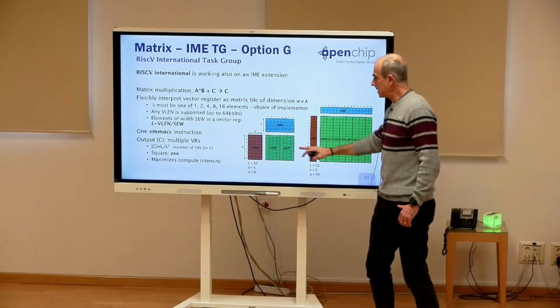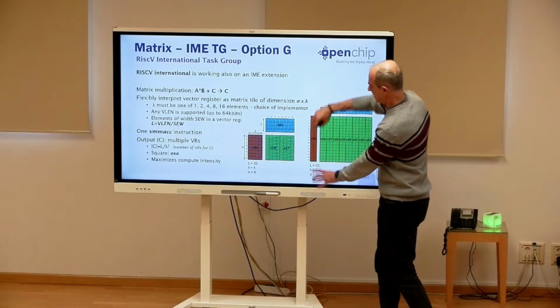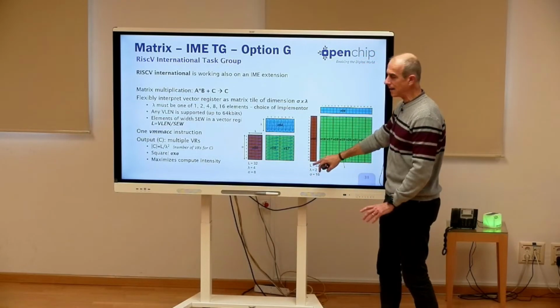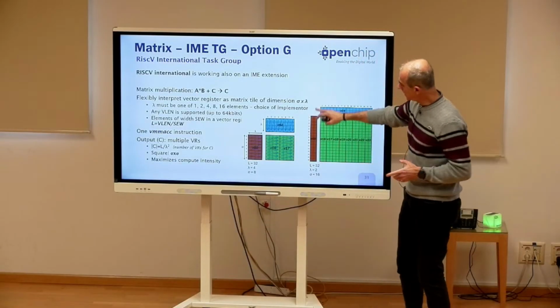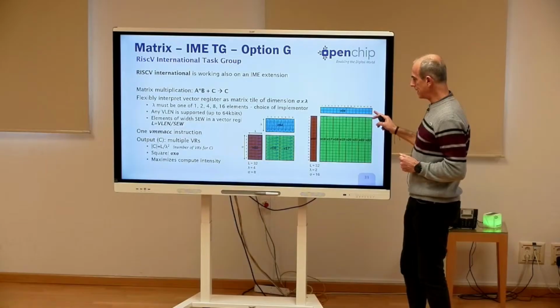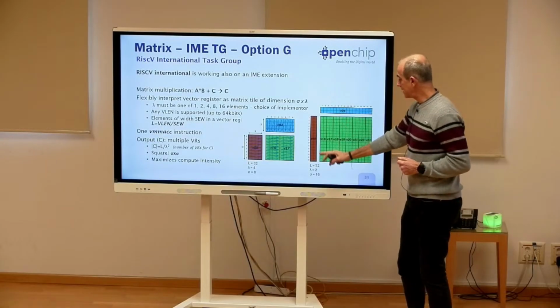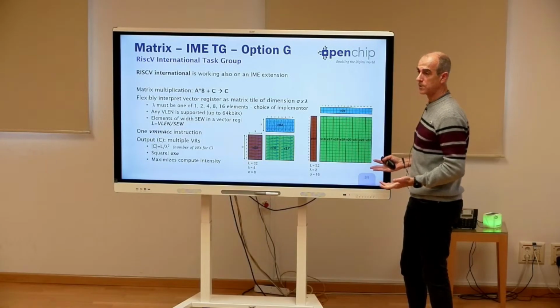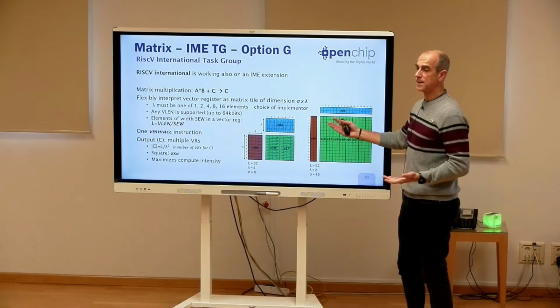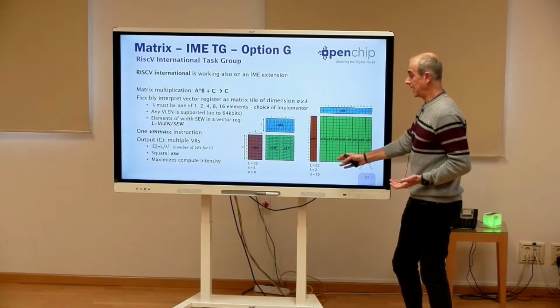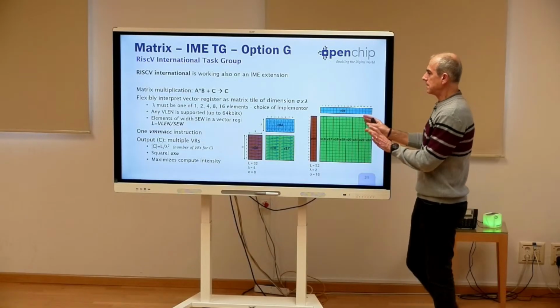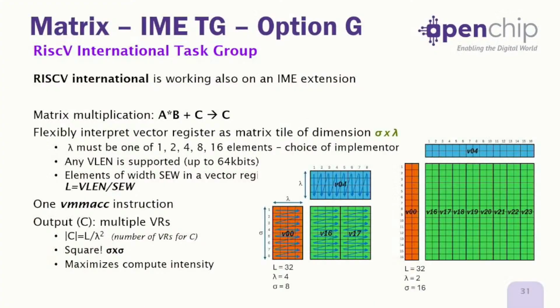This vector register is the same as this one, just arranged differently, and the number of elements inside this vector register is the same. But if you arrange the data in this way, your result is a bigger matrix, so you do more computation with the same data. In fact, the result is put in 8 vector registers. So also here you have flexibility to build your hardware as you like, choosing the correct lambda.